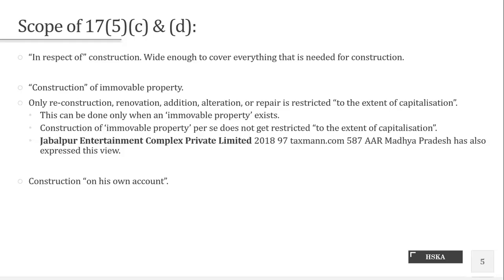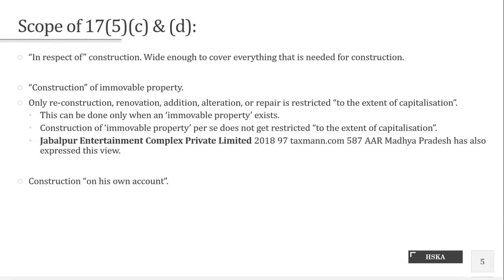But from what I've interacted with the department, and the discussions I've had with many officers or commissioners, construction is viewed to mean raising a complete building and not just restricted to the civil portion or the MEP, that is, mechanical engineering and plumbing. So there is a little bit of confusion there.